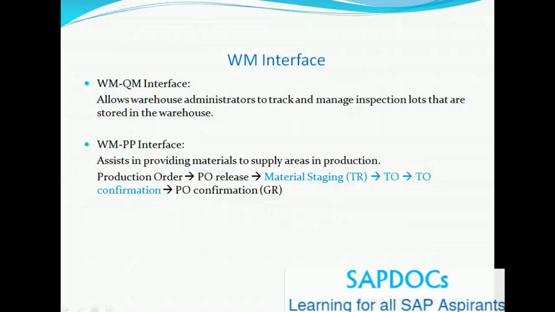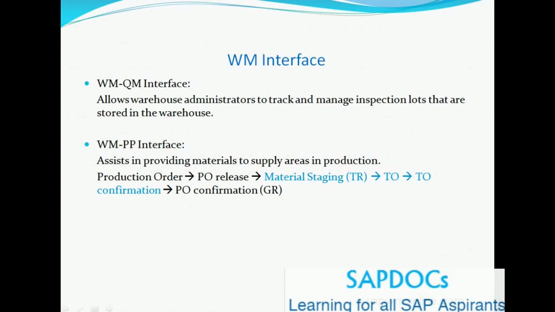So we have the child components that are stocked in the warehouse, and we want to produce a parent component. So we have a production order for the parent component. The parent component production order is released. This triggers a material staging transfer requirement. Material staging is staging the child components into a production supply area.